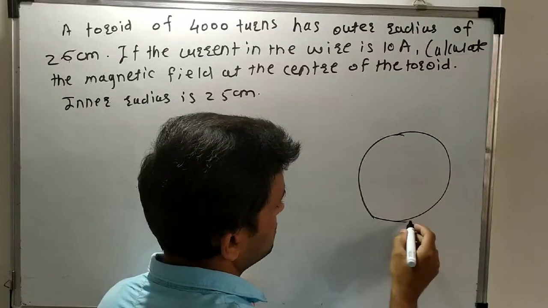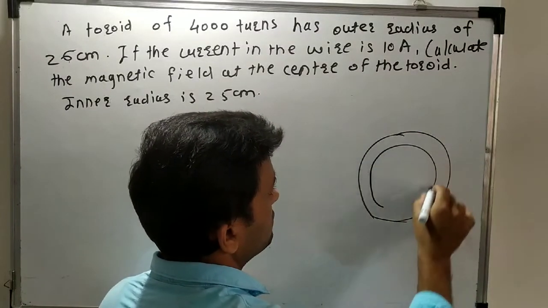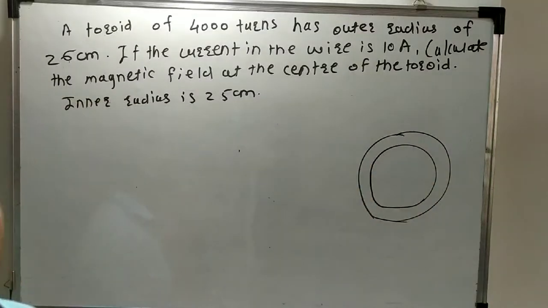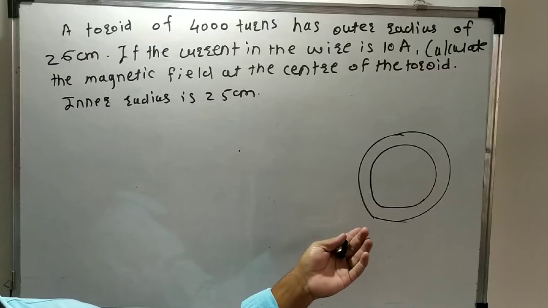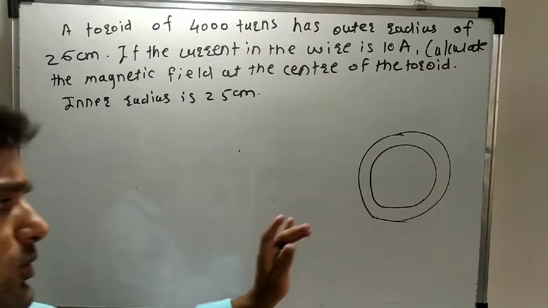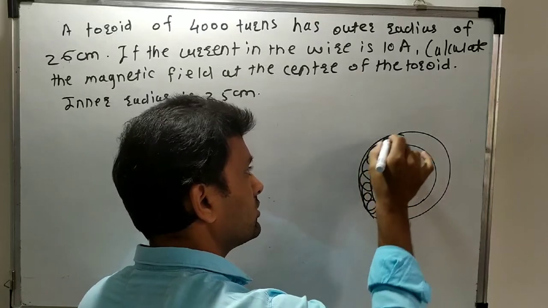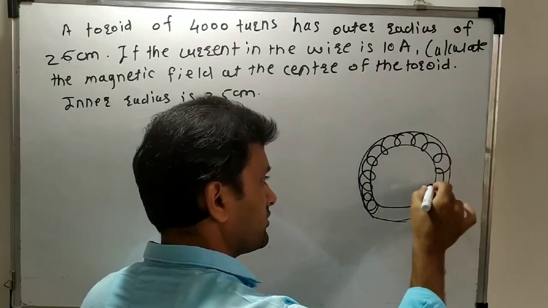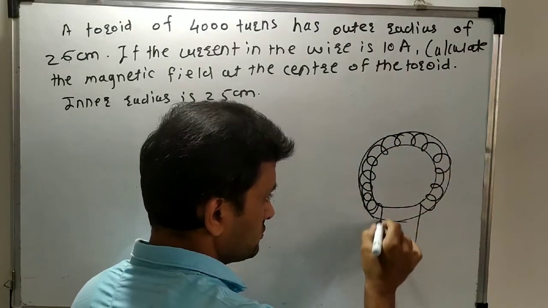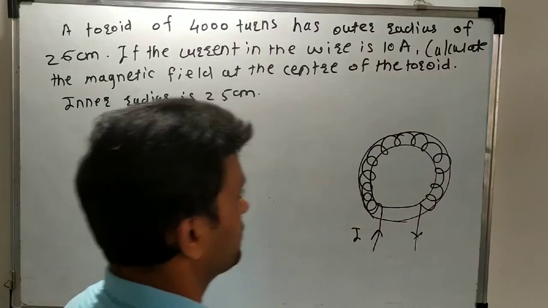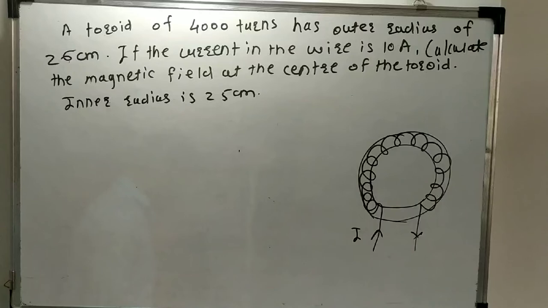This toroid is like a solenoid wrapped into the shape of a ring. So there are wires wound on a toroid. From one end the current is entering while from the second end the current is leaving.